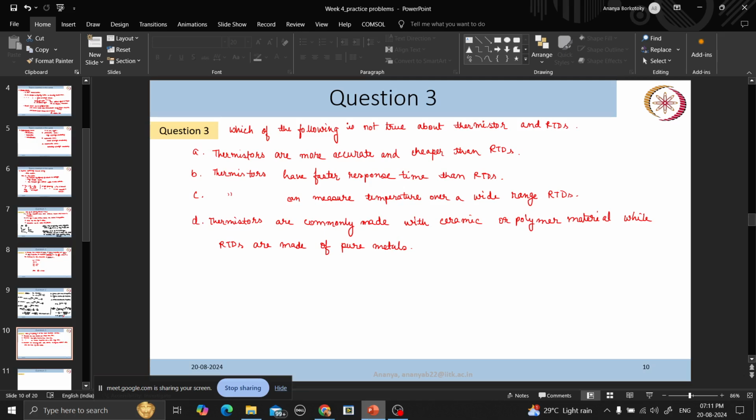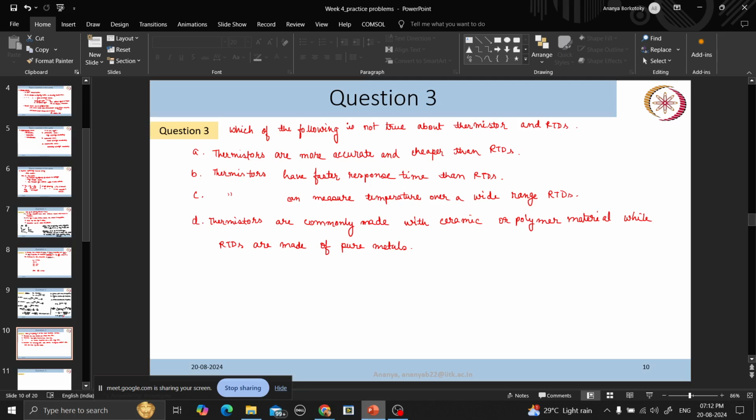In the last one of the questions I have mentioned that RTDs are made using platinum, nickel or copper, while platinum is the most commonly used material, and that is why RTDs are mainly PTC type, positive temperature coefficient type, where the resistance actually increases as the temperature increases, while thermistors can be of NTC and PTC type depending on the property of the sensing material.